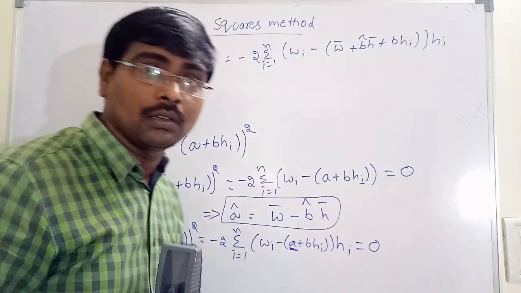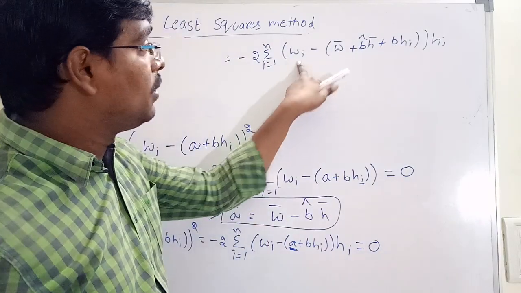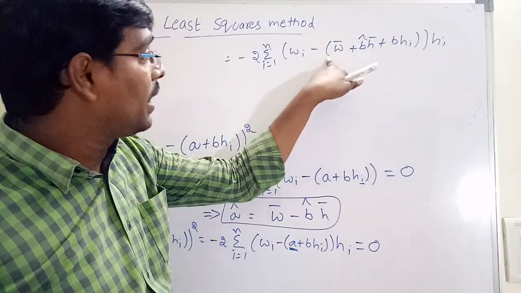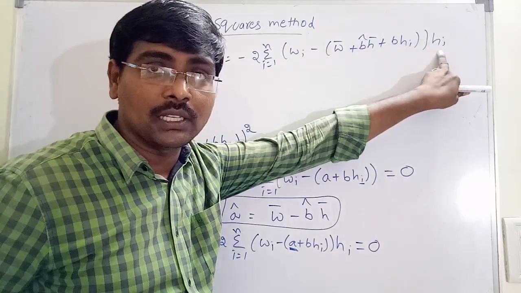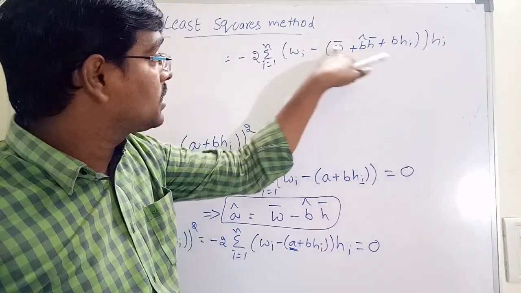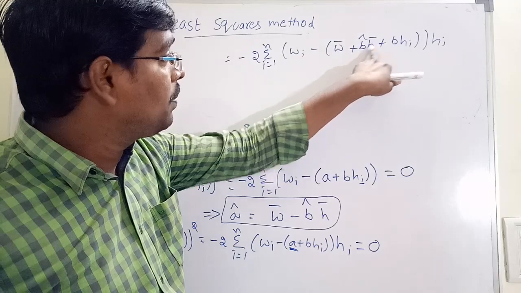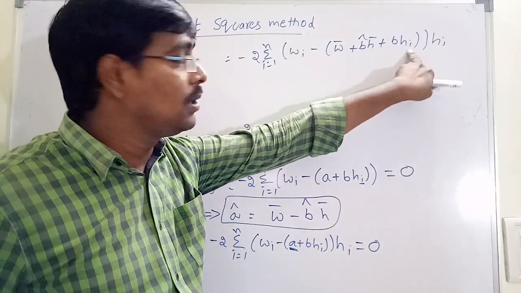This is the equation. So what we are getting is Wi into Hi minus W bar into Hi, minus B cap into H bar, plus B cap into Hi.